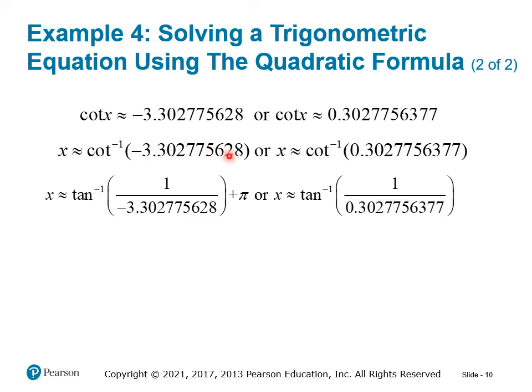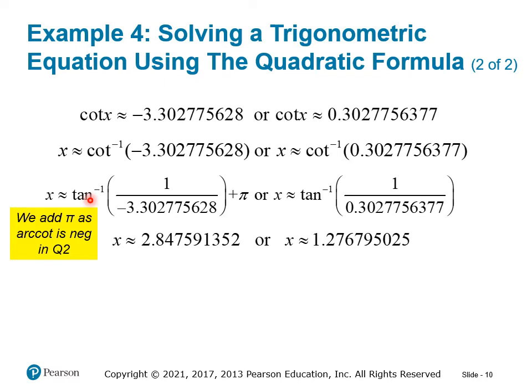So we're looking for a value in quadrant 2 for cotangent, but the calculator is going to give us a value in quadrant 4, because it knows that arc tangent is in quadrant 4. So we have to add pi to go from quadrant 4 to quadrant 2.